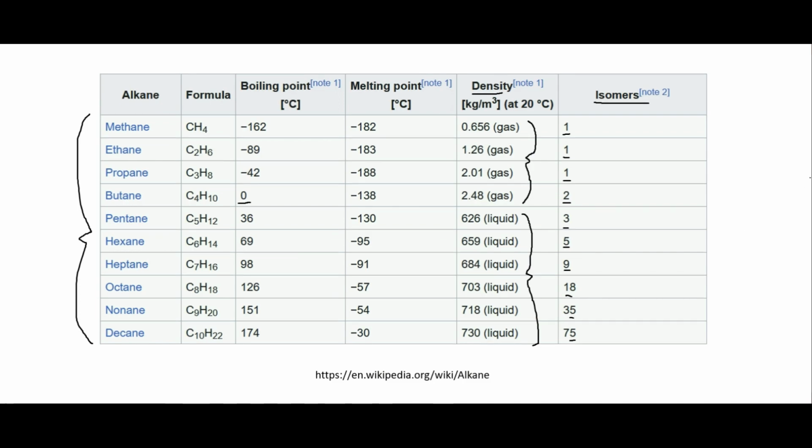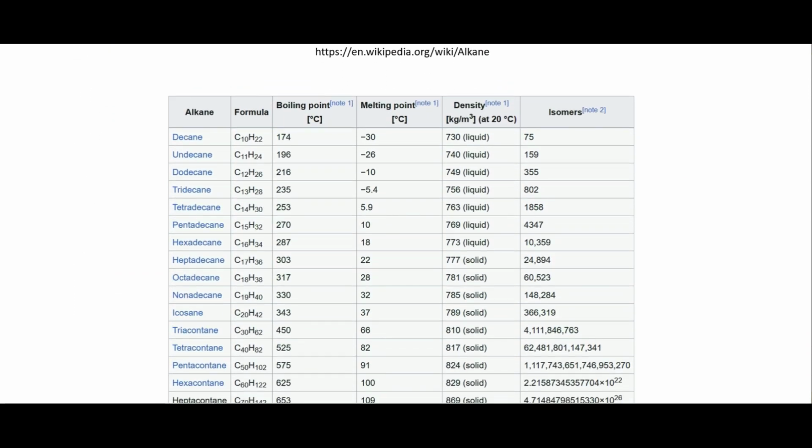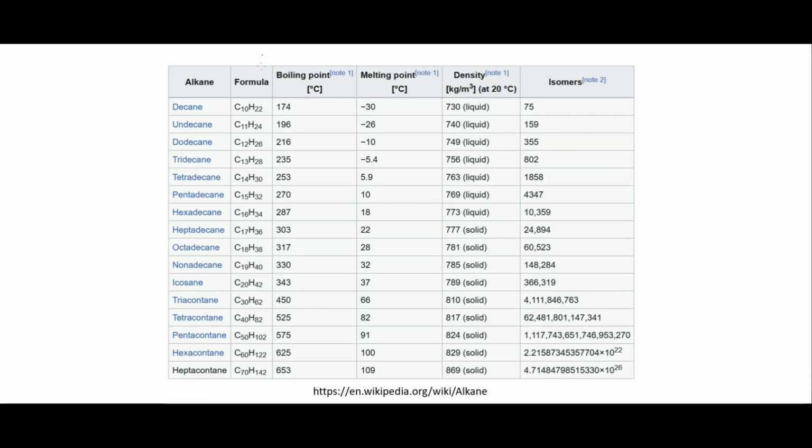Then if we go down here, this is for decane and beyond. So we have decane, then 11 carbons will be undecane, then dodecane, tridecane, tetra, penta, hexa, hepta, octa, nona. Then we get to icosane here, which is 20 carbons. Then this just starts going up by 10.